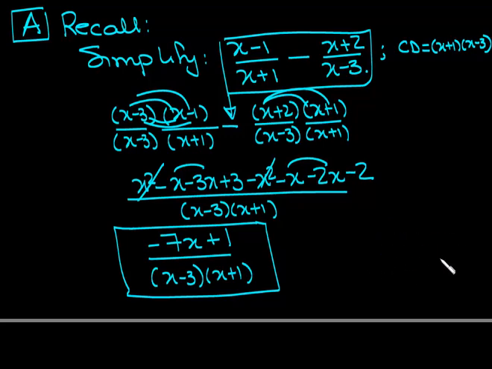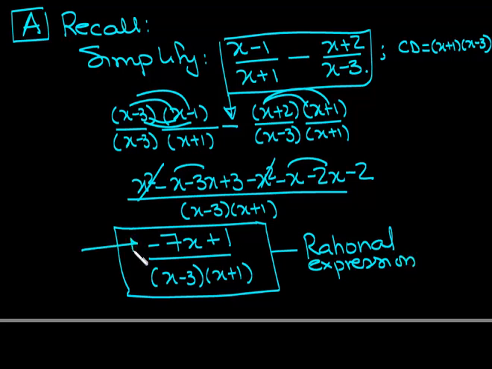What we want to do in this section is exactly the opposite. They've given us a rational expression. It's a rational expression because we have a polynomial on the top and a polynomial on the bottom. So when we have just one rational expression like this, what we want to do is figure out what two fractions, or three or four fractions, did we have to add to create this rational expression.